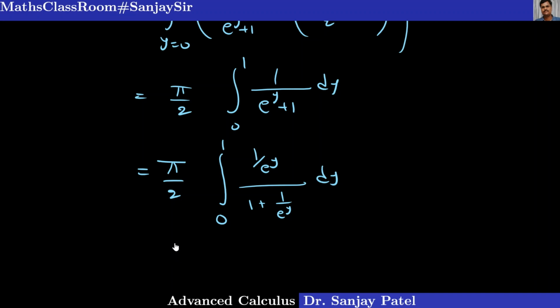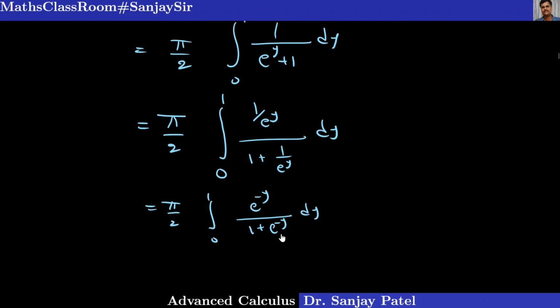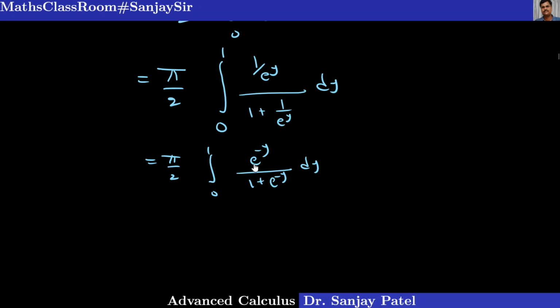So what is the effect here? We get pi by 2 times the integral from 0 to 1 of e raised to minus y upon 1 plus e raised to minus y. Now if you observe this, you can see that the derivative of the function f(x) is there in the numerator. So this denominator, if you call it f(x) or say f(y), the numerator is f dash of y.